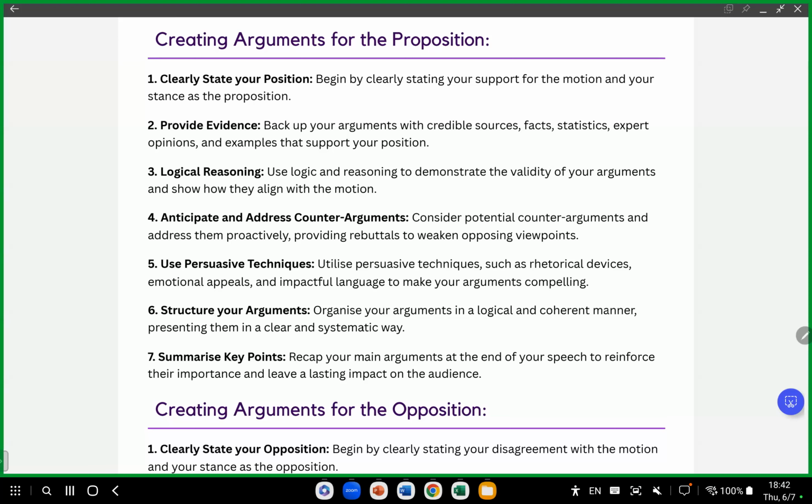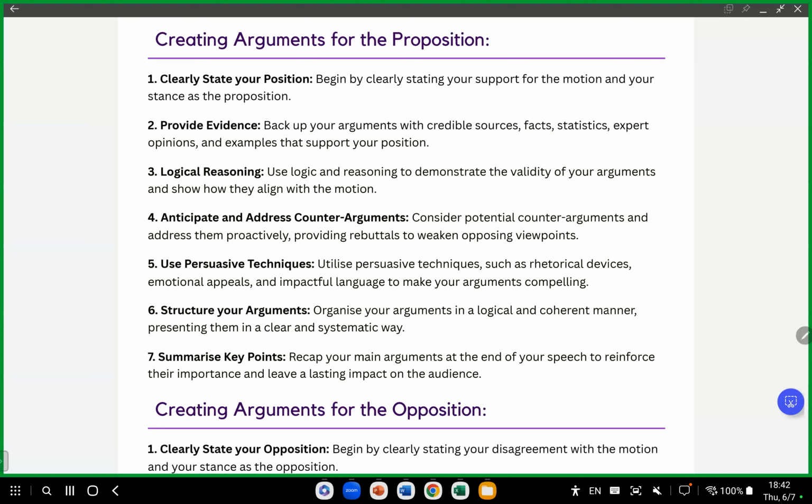So we need to utilize persuasive techniques like rhetorical devices, which are questions or statements that don't need explaining or answering. It makes us think about something. So I might say something to you or ask you a question and you'll sit there and it'll make you think about it rather than answer it.